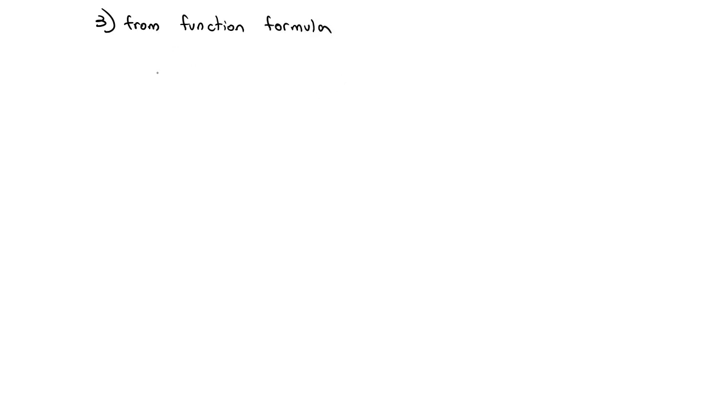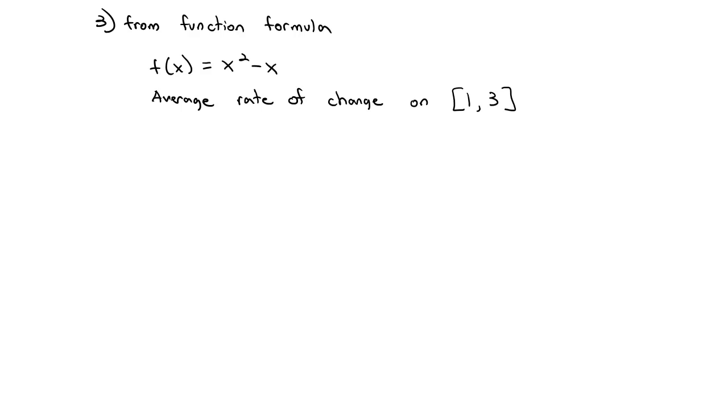Let's say I have this function f of x equals x squared minus x, and I want to find the average rate of change on 1 to 3. Again, remember, those are always my input values.